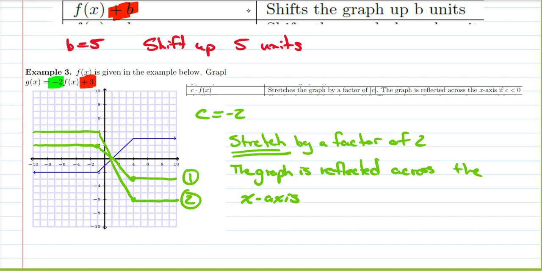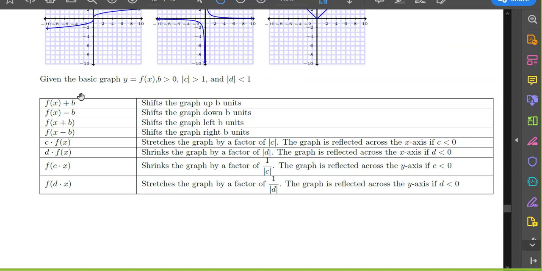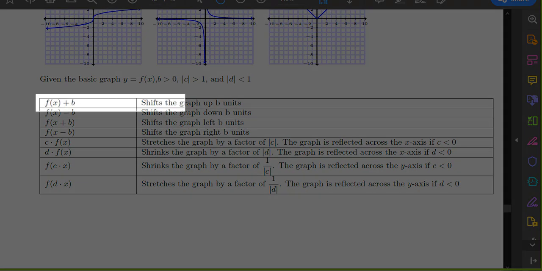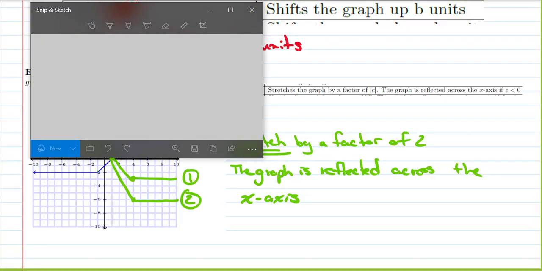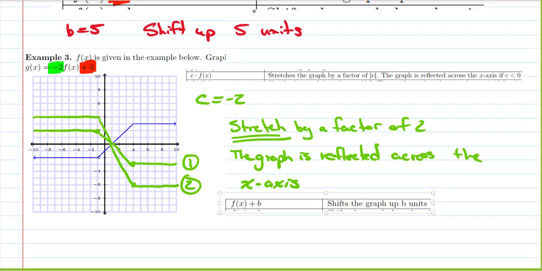And then lastly, we have a plus 3. What is that going to do to our graph? Well, the plus 3 is our first row in our table. So that's going to take our graph and shift it up 3 units.